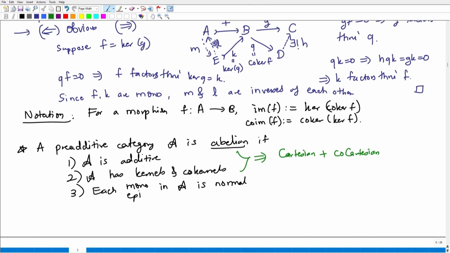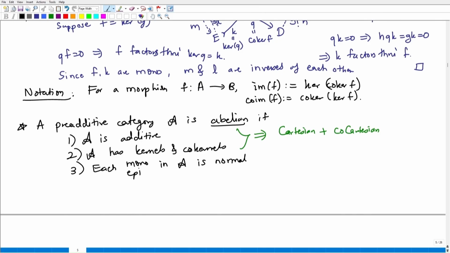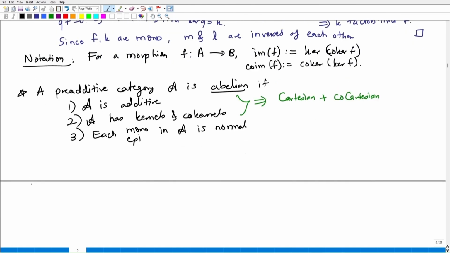And if you come across regular categories, then regular pre-additive categories are precisely abelian categories. Okay. Some important properties about abelian categories, or maybe we'll do it slightly later. Let's first prove the result about image factorization.